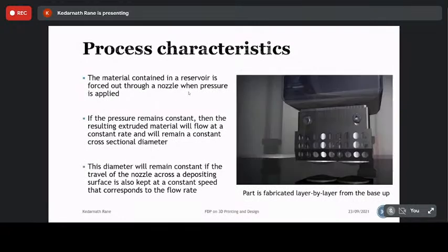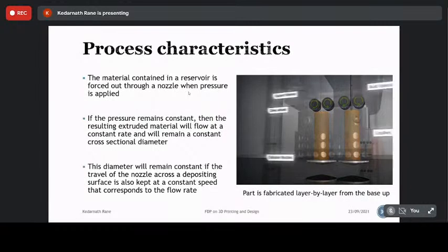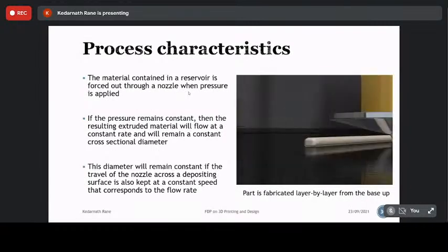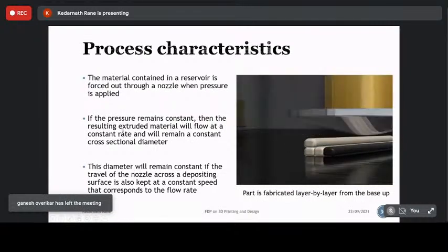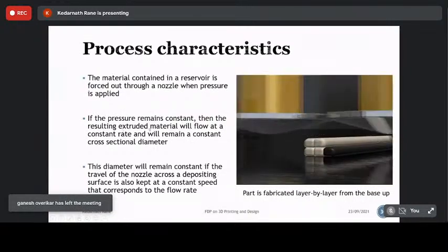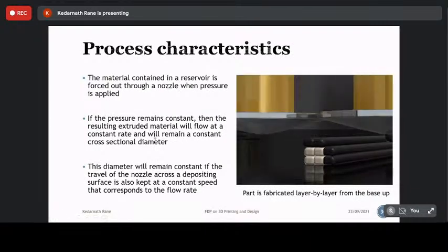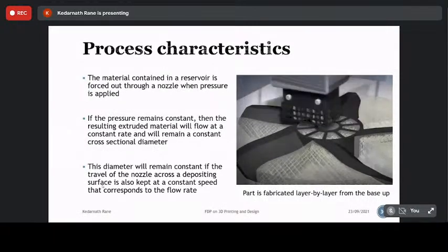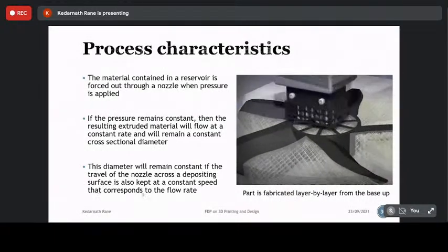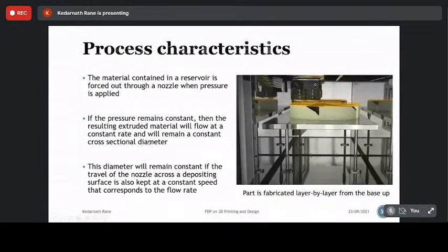You can feed the material continuously and make a bigger part. Then another characteristic required is the pressure, because you need to extrude the material. Again, I can show how I developed a system called online rheology to measure the extrusion pressure on a real-time basis. So this is another characteristic of the process.